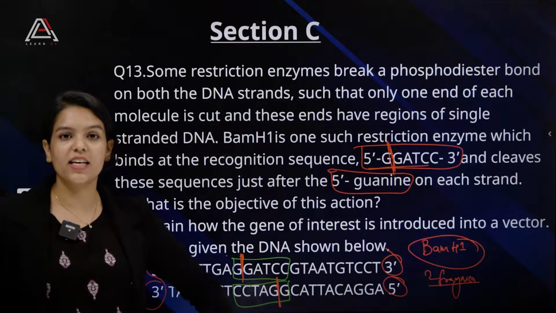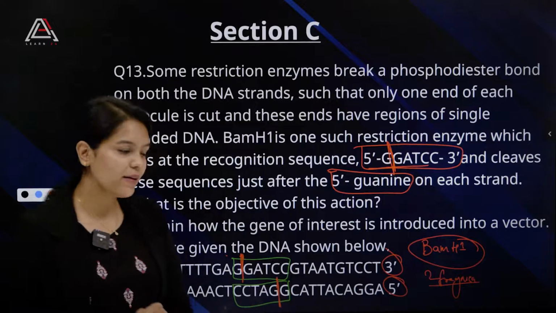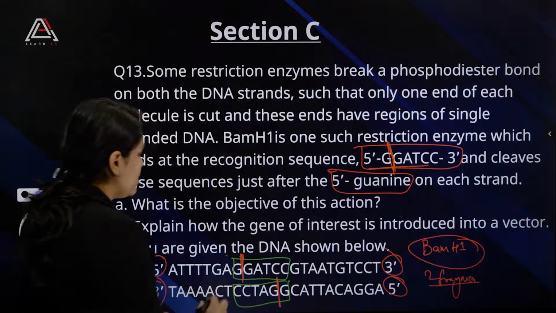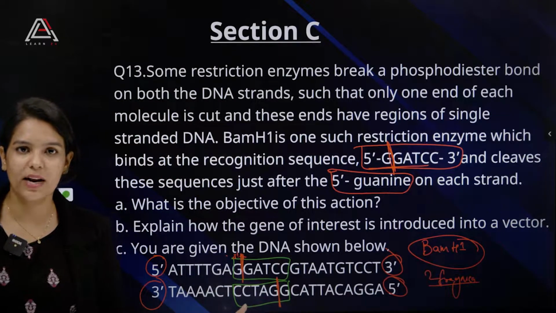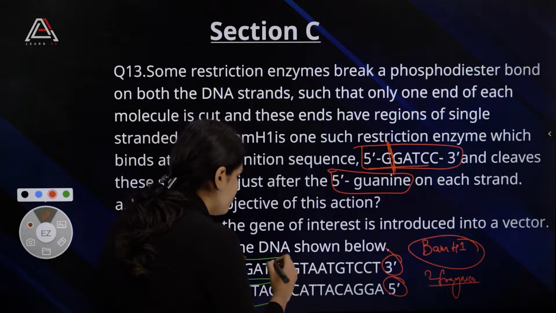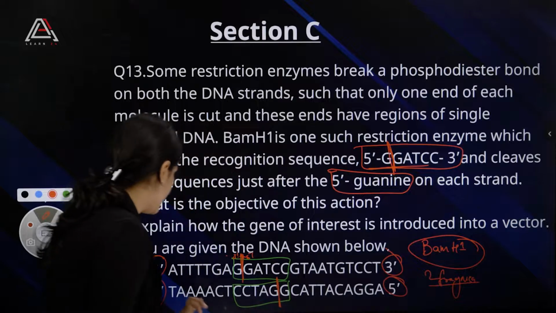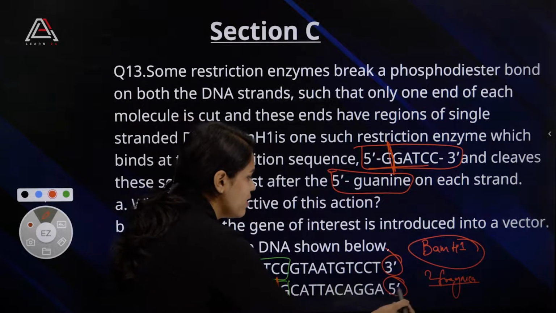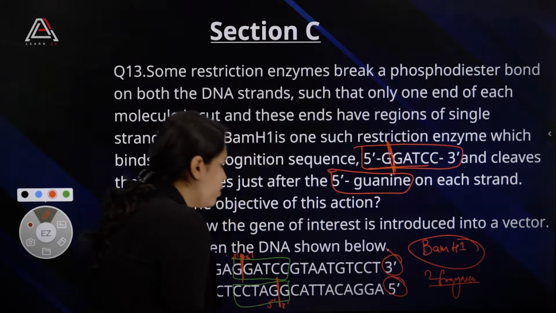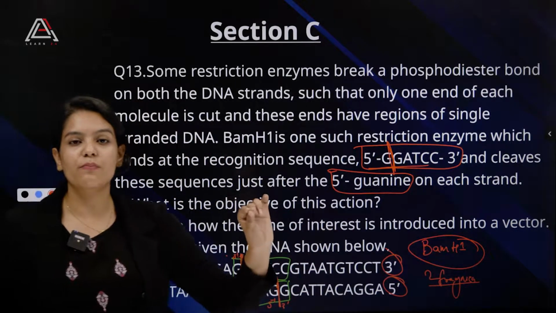The next part is asking to write those fragments. So here the 5' polarity is here. Try to mention 3' to 5', then 5' to 3'. Always mention the polarity.